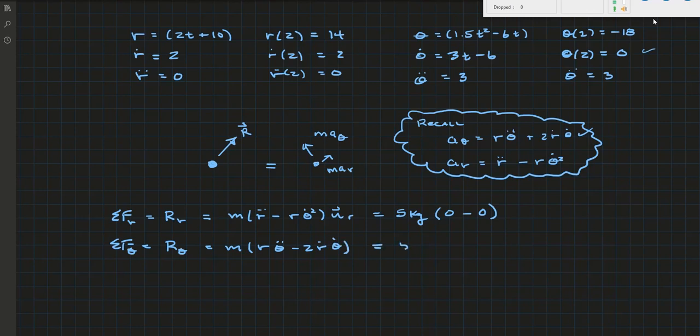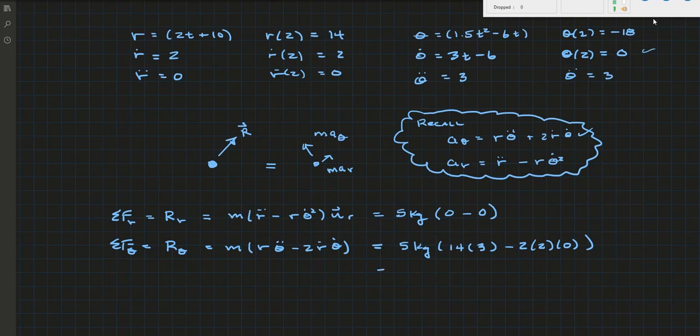So we have 5 kilograms times 14 times 3 up here, and then we add 2 times r dot, which would be 2, but our theta dot there is 0. So that portion leaves.